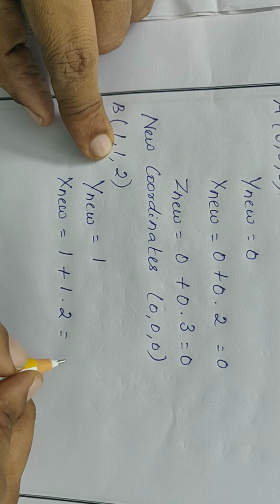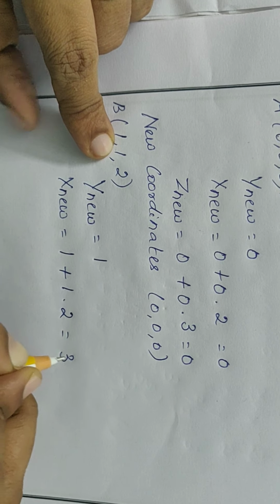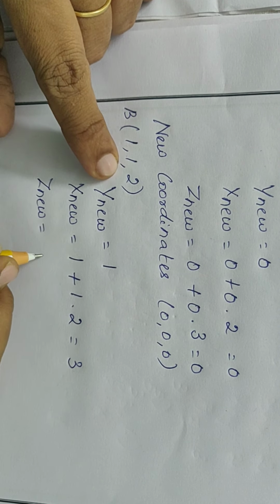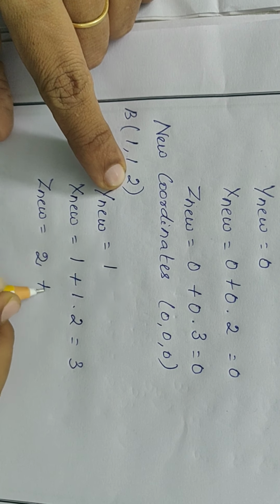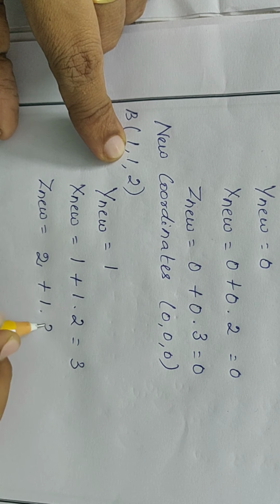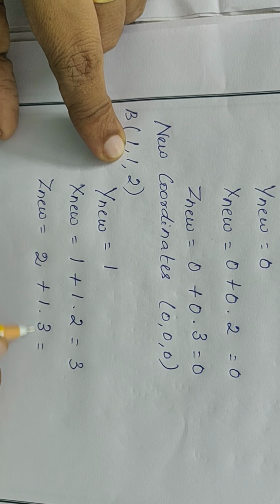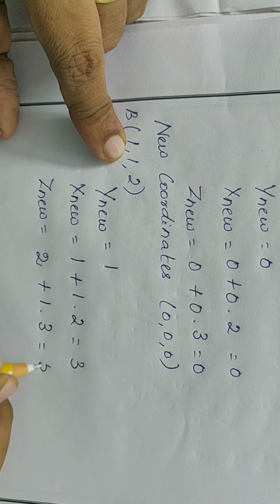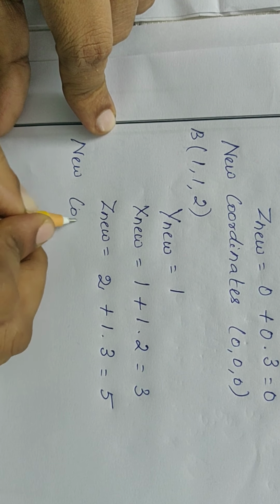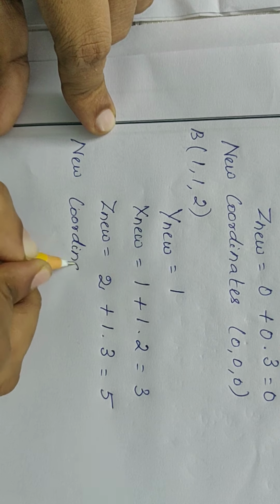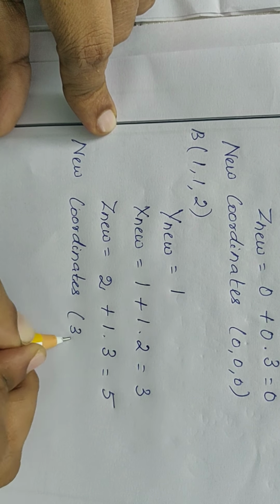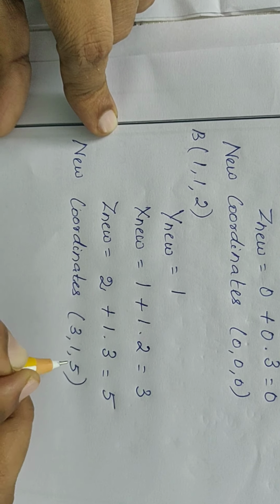So when I calculate, I'll get 3. Next, Z new is equal to Z old 2 plus y old is 1 into shear factor along Z axis, it is 3. So I'll get 3 plus 2, 5. So coming to my new coordinates, x, y, z, it will be 3, 1, 5.